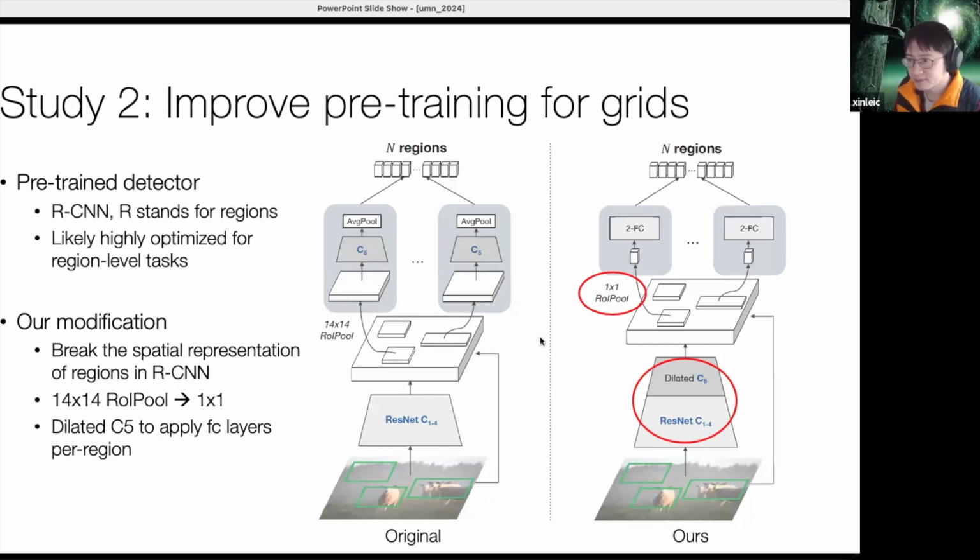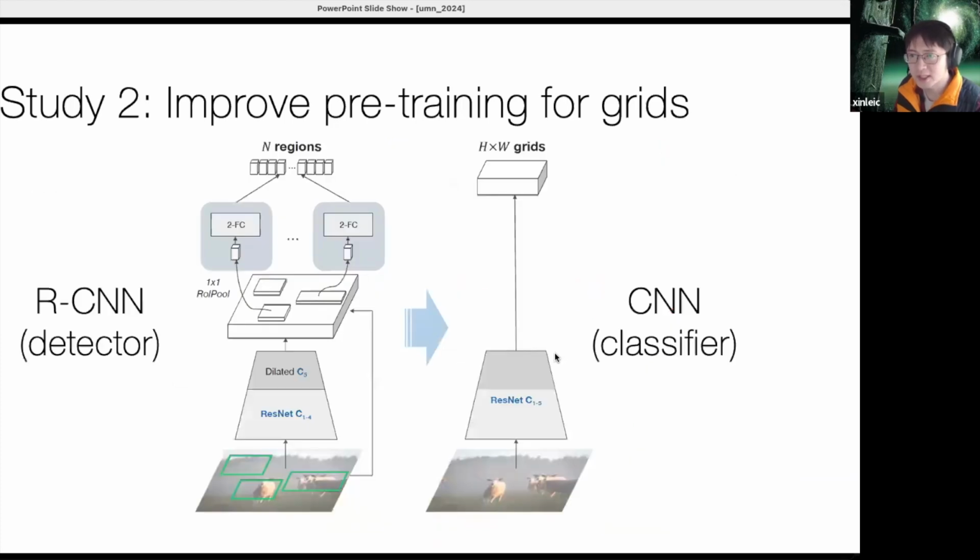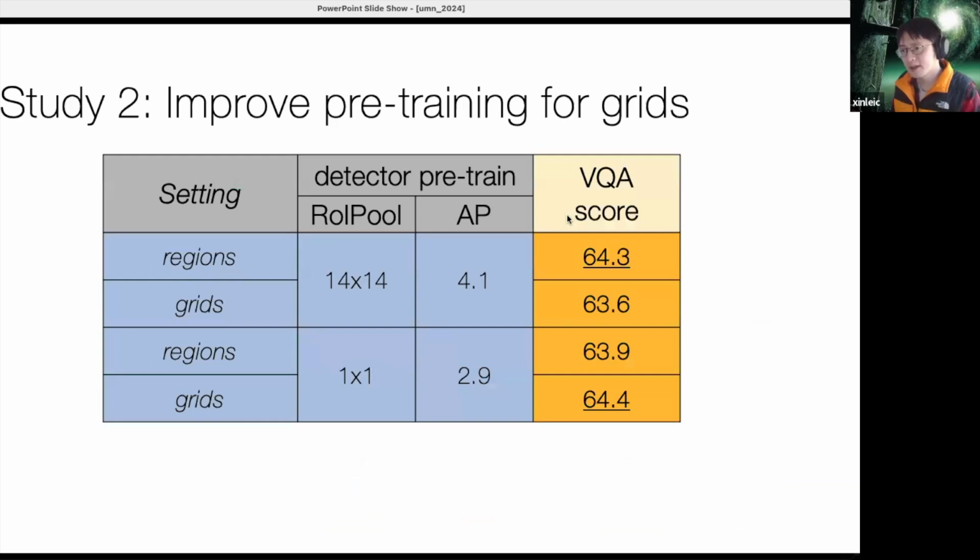And that's it. We basically did this design. We still keep the backbone the same. We only changed the pooling operation over there, and we again used ConvNet grid features for representing images. And what we find is that now the grid features are getting slightly better than the region features.